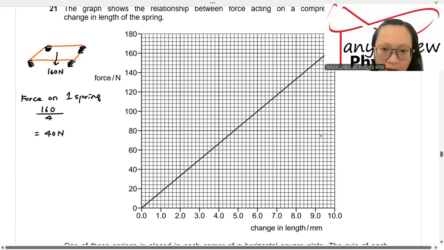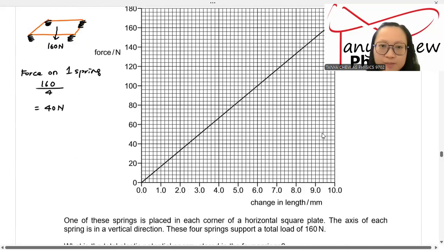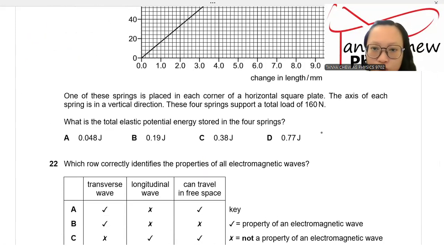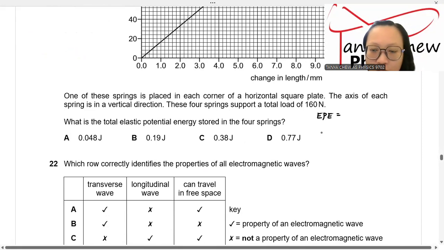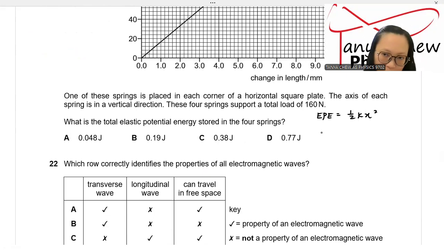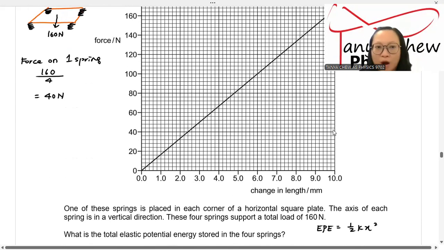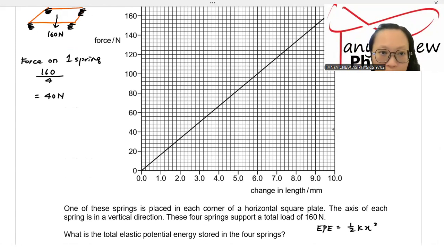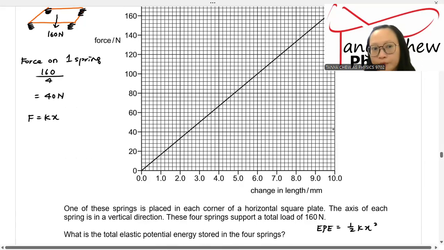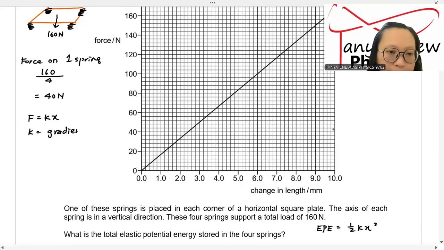From here, I need the spring constant because my elastic potential energy, EPE, is equal to half k x squared. I'm going to use that one. Now I need k, the spring constant. Since this is a graph of force against change in length for one spring, F equals kx, so k is equal to the gradient of the graph.